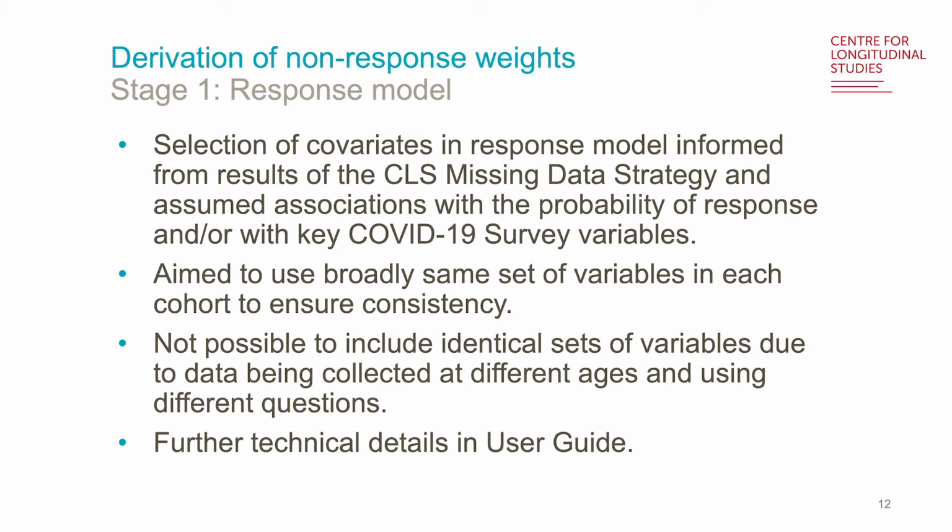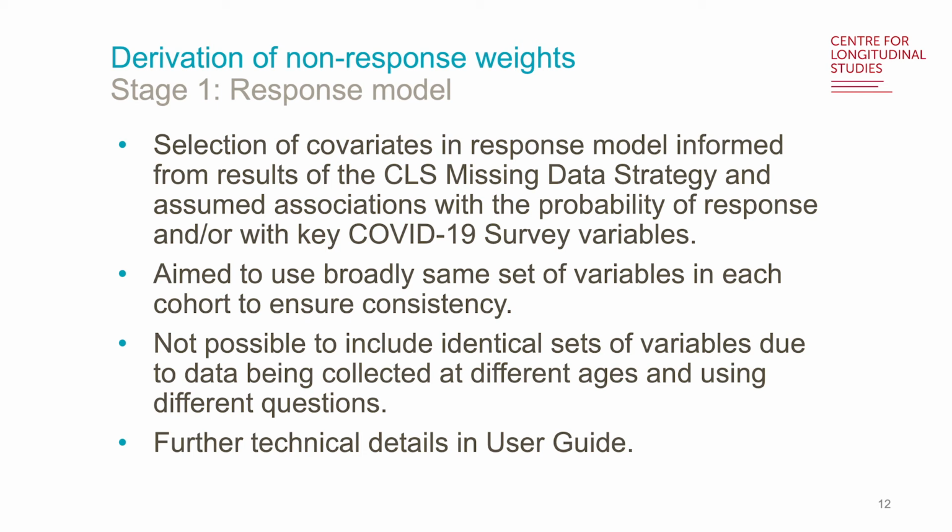So this is work that we've been doing over the last couple of years, thinking about how we can handle missing data within the CLS cohorts, and also informed by prior literature in this area. And also informed by assumed associations with the probability of response or with key COVID-19 survey variables.